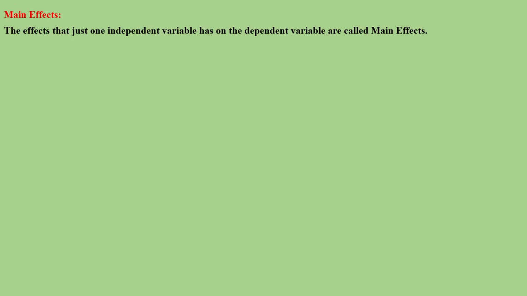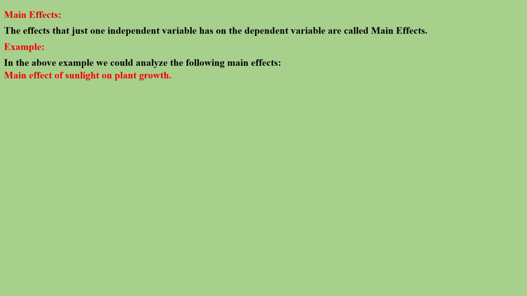Main effects means the effect of just one independent variable on the dependent variable is called main effects, right? Example, in the above example we could analyze the following main effects. Main effect of sunlight on plant growth, right? We can find the mean plant growth of all plants that received low sunlight.